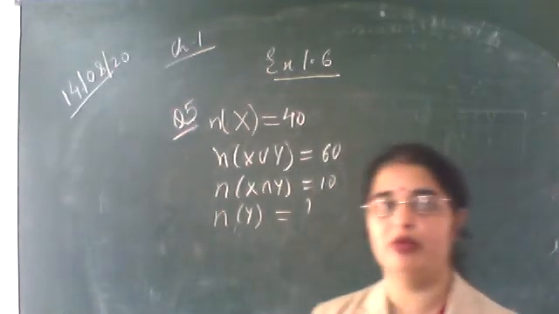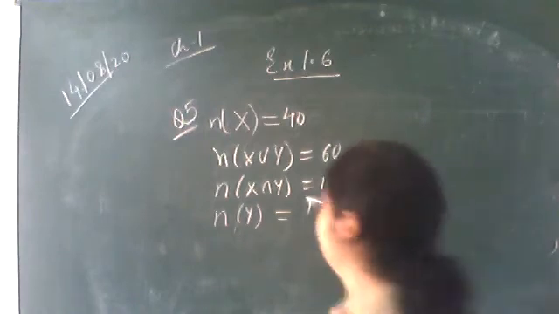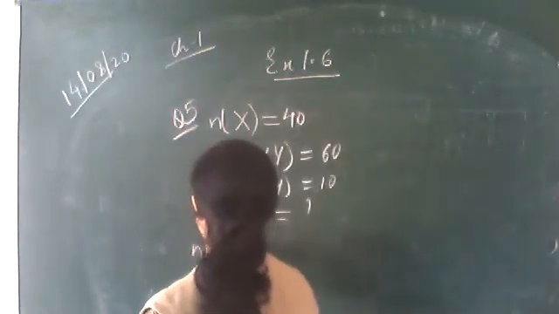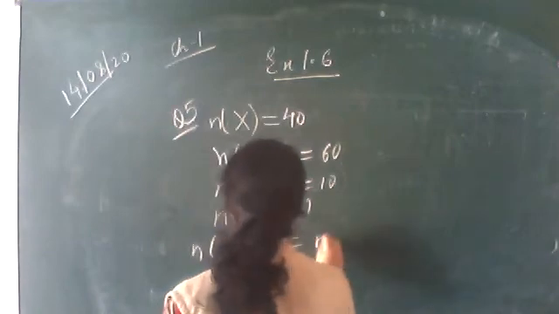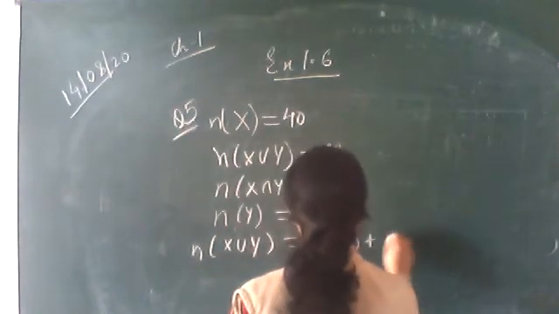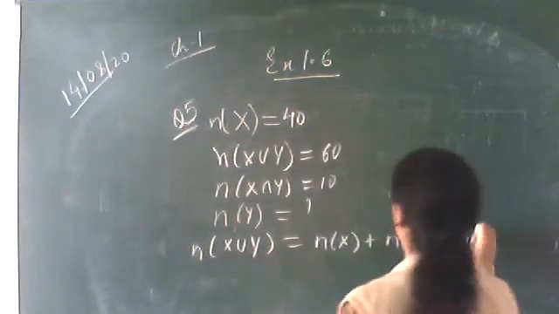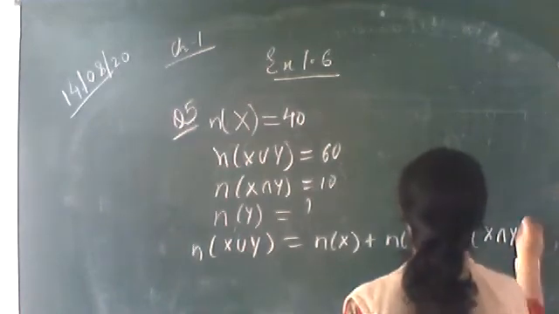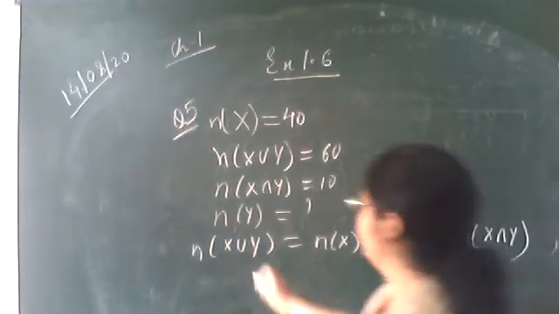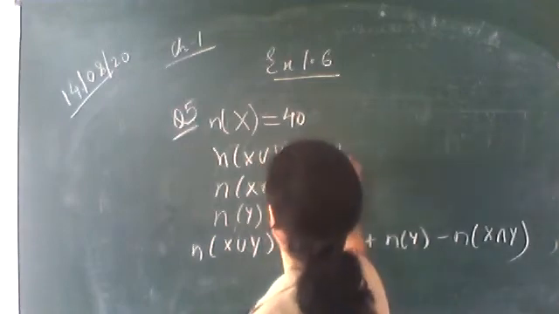Again you have to put the formula. What is the formula? n(X union Y) is equal to n(X) plus n(Y) minus n(X intersection Y). Now just see what X union Y is. It is given 60.